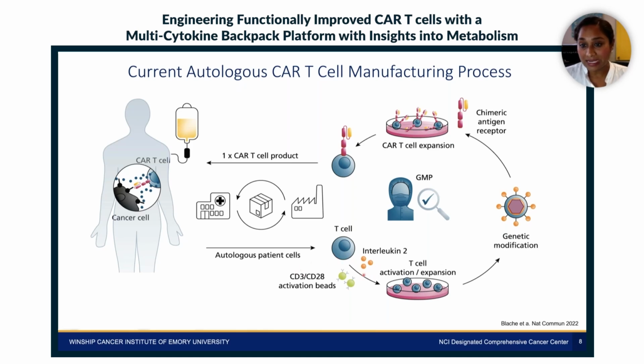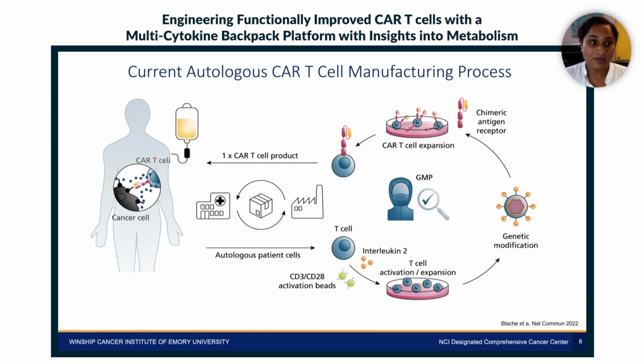IL-2 is added to activate and expand the cells, after which they are genetically modified using retroviruses or lentiviruses, which encode for the chimeric antigen receptor. Once the T cells are expressing the CARs, they're expanded and then packaged and delivered back to the patient as a form of highly personalized medicine.